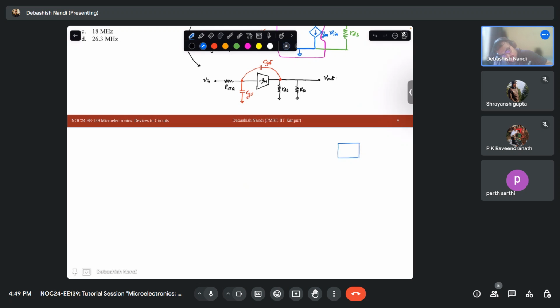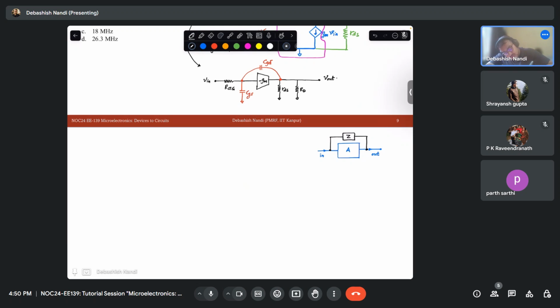So now let's say I have a system like this. This is my input, this is my output, and I have a load connected across the input and output in kind of a feedback path.